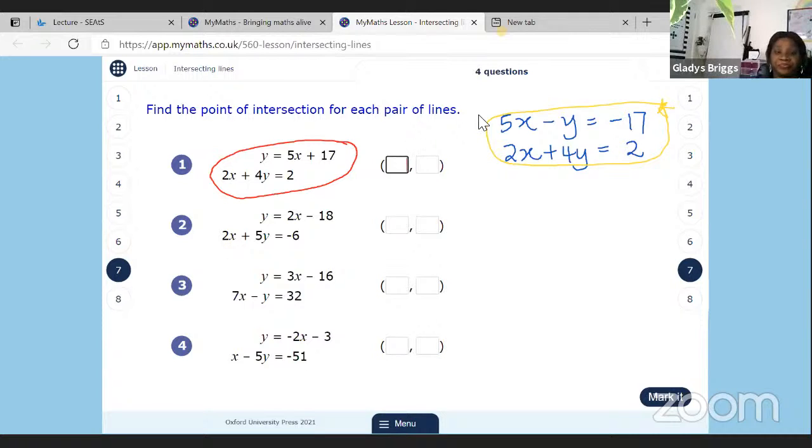All done? Okay. So maybe we can times equation 1 by 4.